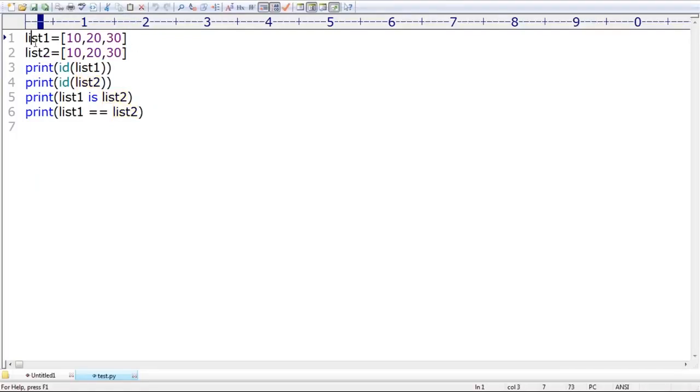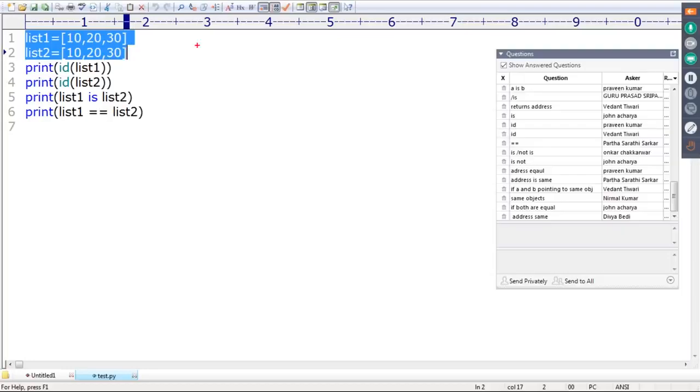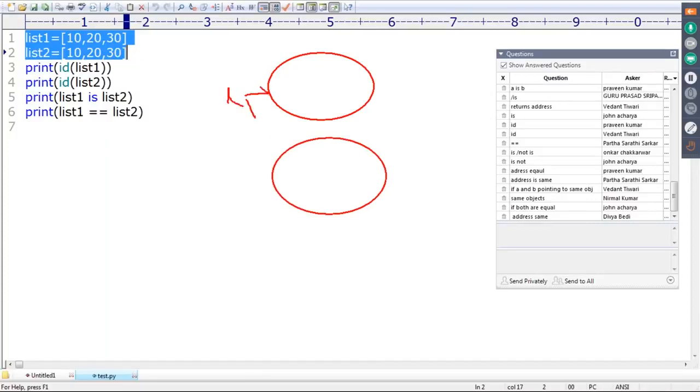Both are different list objects. Even though the content is the same, the list objects are different. This is the first list object containing 10, 20, 30, and this one is the second list object.